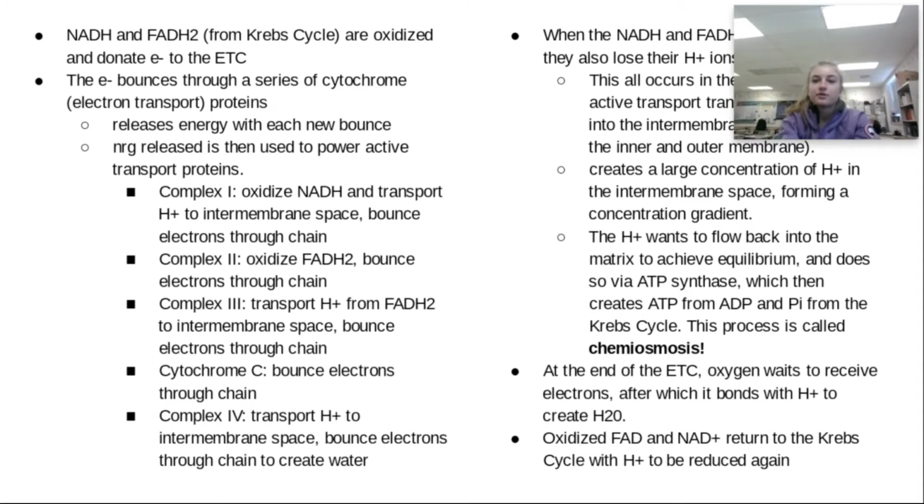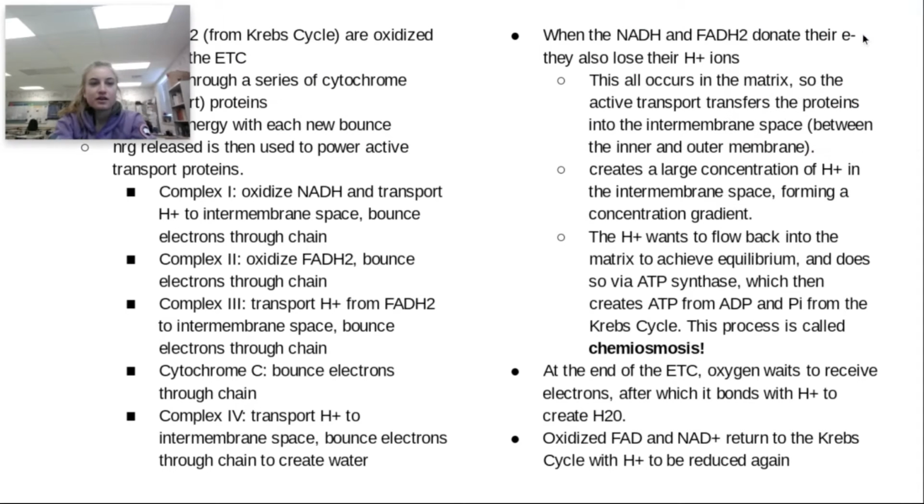All right. So then, just kind of the second piece of this. When NADH and FADH2 donate their electrons, they also lose their hydrogen ions. So this all occurs in the matrix. The active transport proteins transfer the hydrogen ions into the intermembrane space from the matrix.